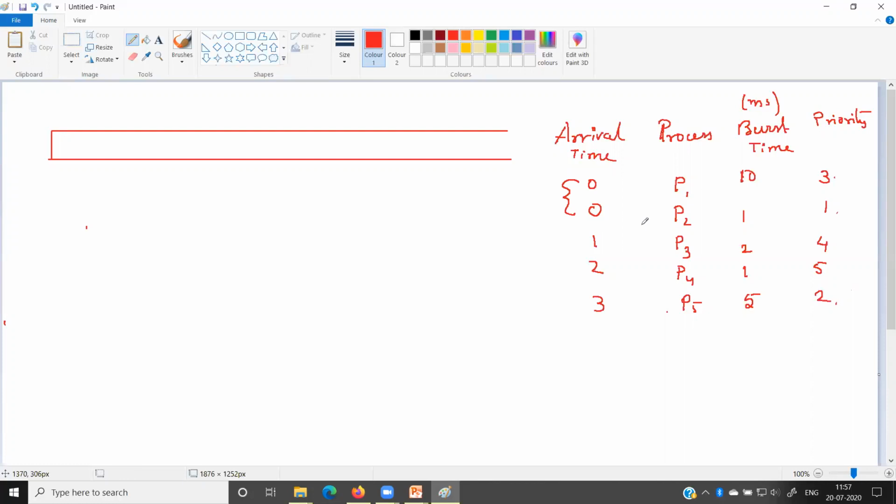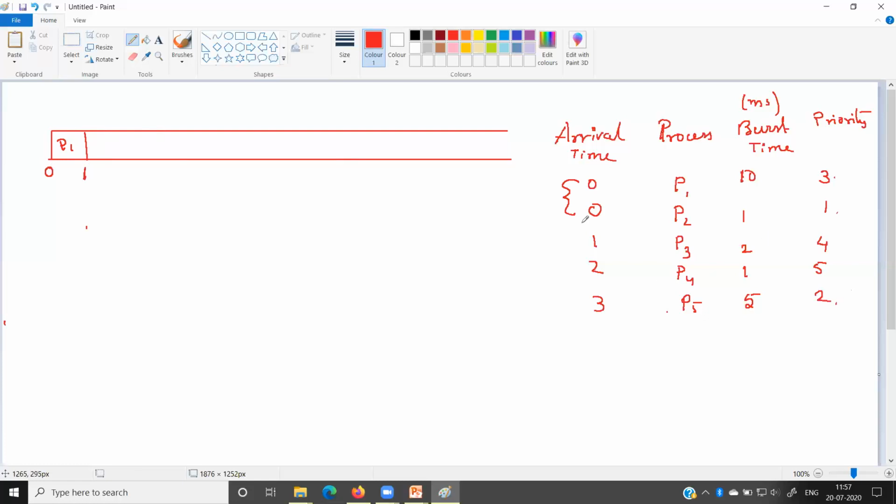If we observe the priority of P1 and P2, you can see that the priority of P2 is 1 and the priority of P1 is 3. So definitely P1 will get the chance first. The starting time is 0, and P1 will execute first.